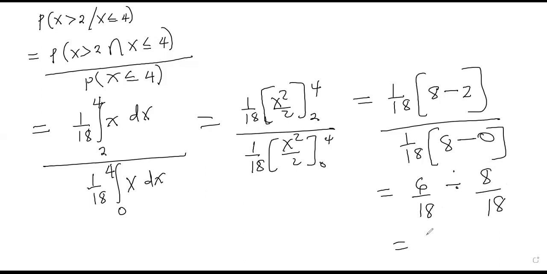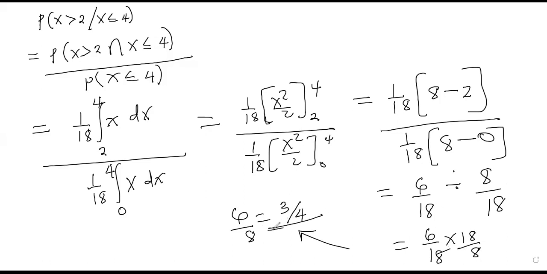So this is the same as 6/18 times 18/8. This one will go with this. So it will be 6/8. When you divide by 2, it will be 3/4. So that is the probability that you expected to get.